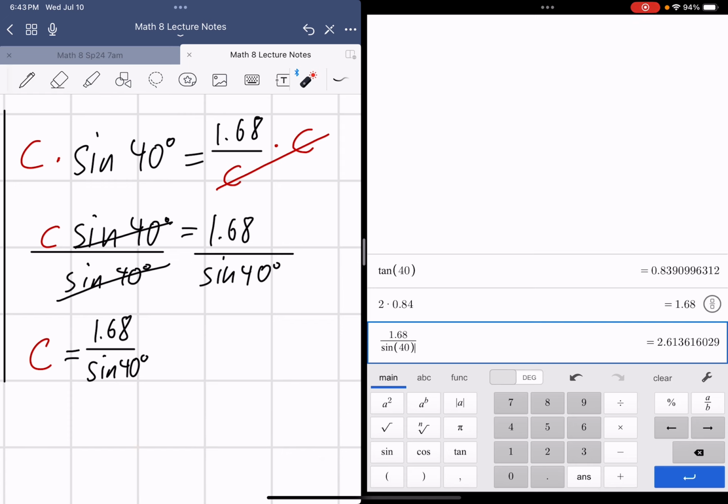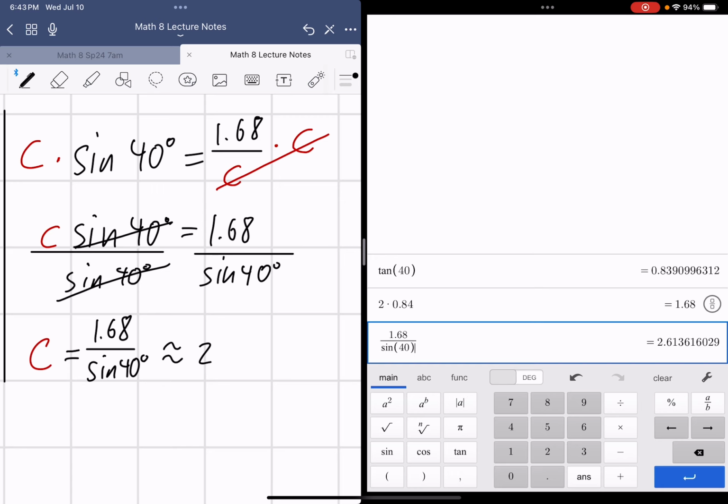Sometimes it works fine because sine 40 degrees is not multiplication. But if you don't put parentheses, you might accidentally get the wrong answer. So just be careful. Try this same example on your calculator and make sure you're getting those same answers.